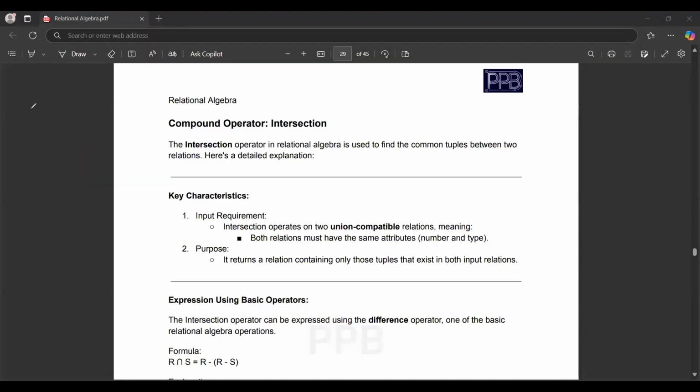Intersection is not a new term for you based on your past experiences. We normally know what intersection is.